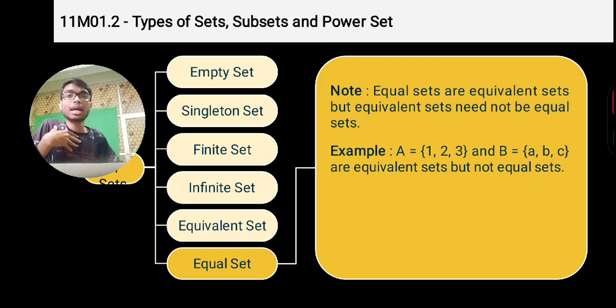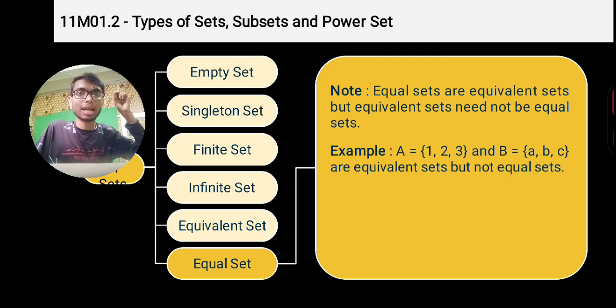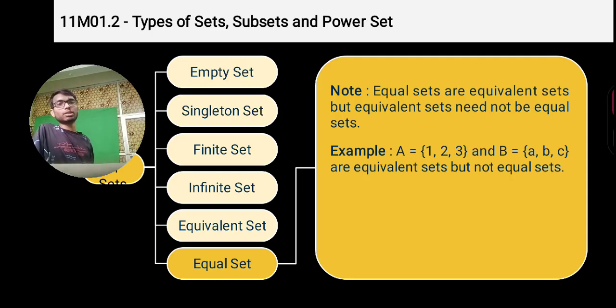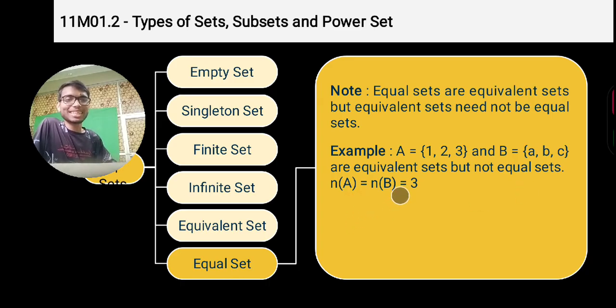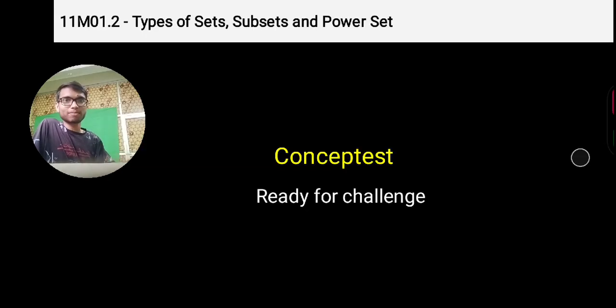An equal set says that whatever elements one set has will also be the same in the other set. This is what an equal set explains. Now this is done. Here the number of elements of A and B is equal, but A will not be equal to B.